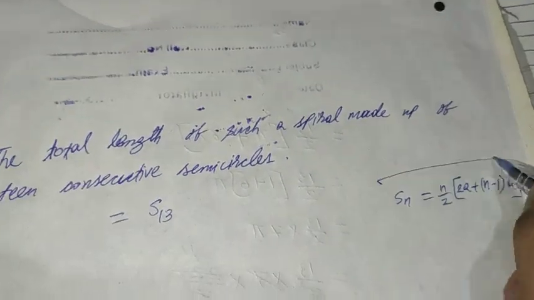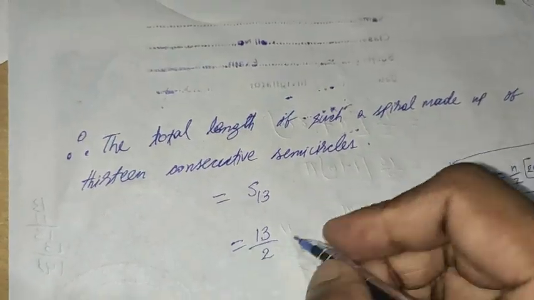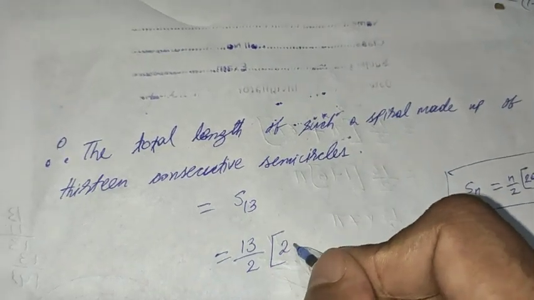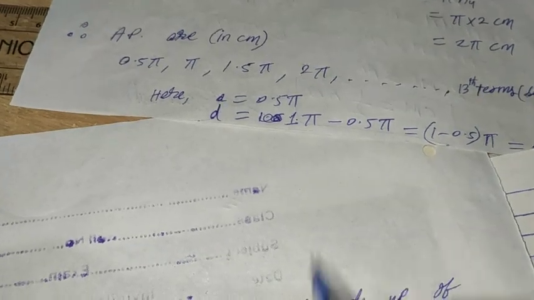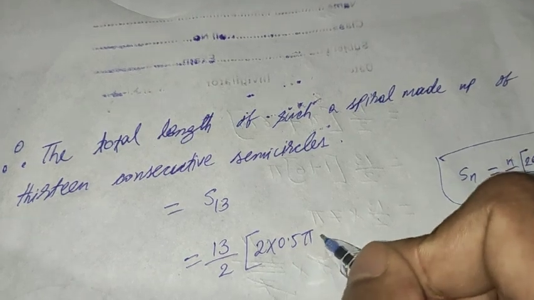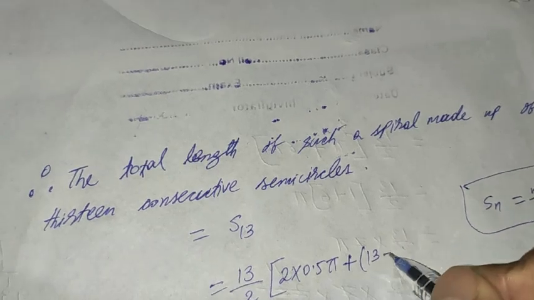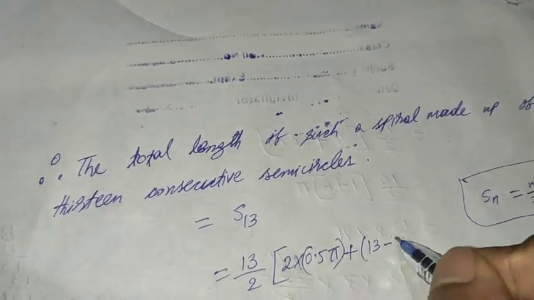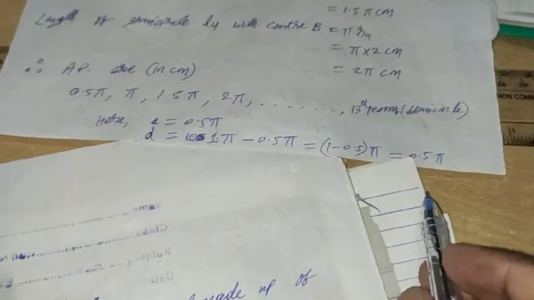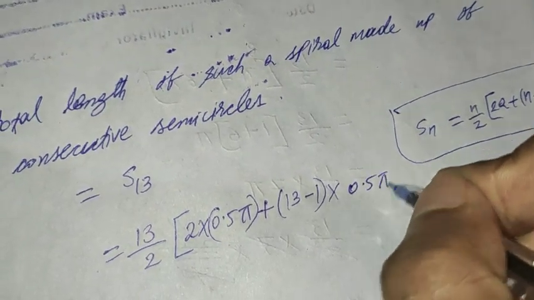In place of n, replace it by 13. 13 by 2, and a is our first term, 0.5 pi, into 2 into 0.5 pi plus 13 minus 1 into d, and d is 0.5 pi.